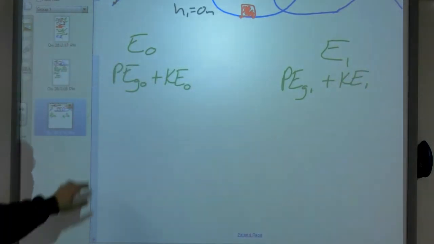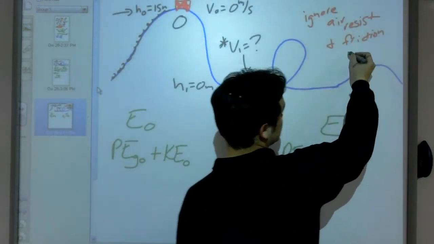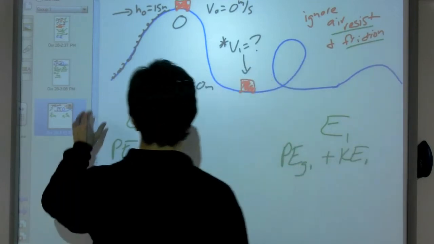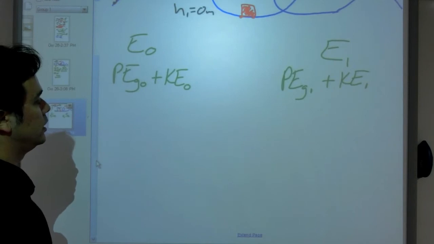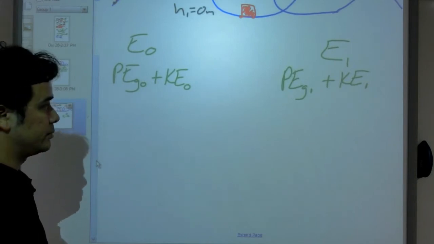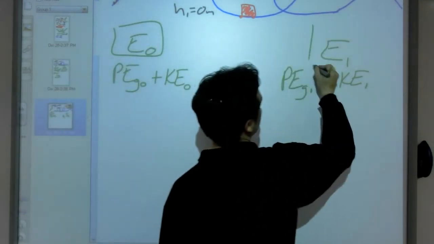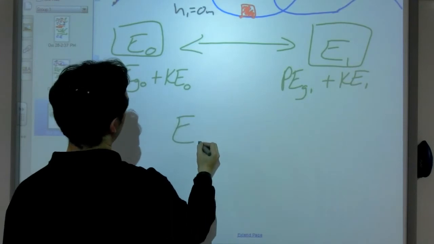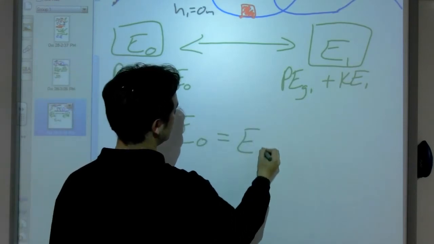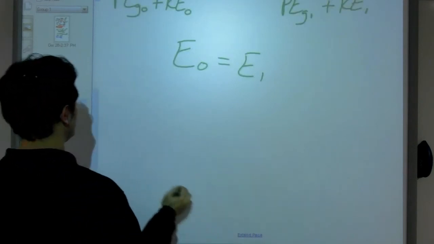All right. Since I don't have any non-conservative forces like friction or air resistance working on it, this should qualify under conservation of energy. Remember that conservation means that what you start with, you end with. That gives us a relationship where E naught equals E1. Let's see what we've got for each of the energies.